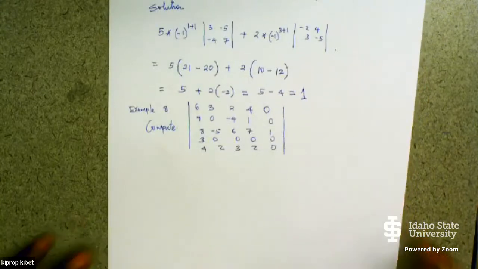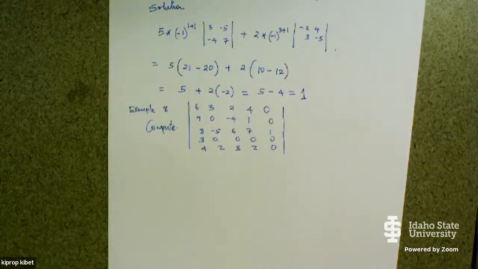Using the same way, take the row or the column which has as many zeros as possible. So using the cofactors method, we can start by using the fourth row here.